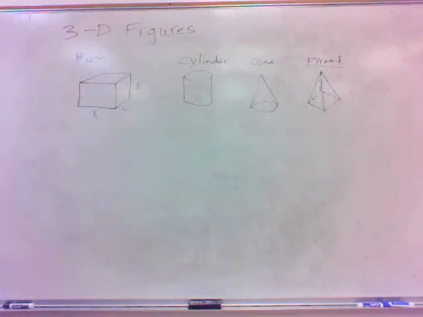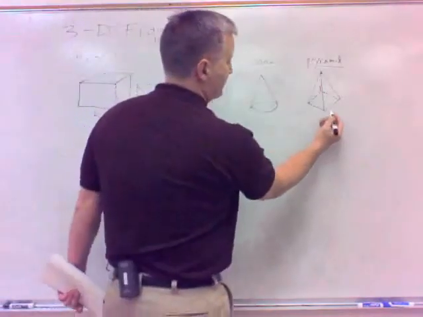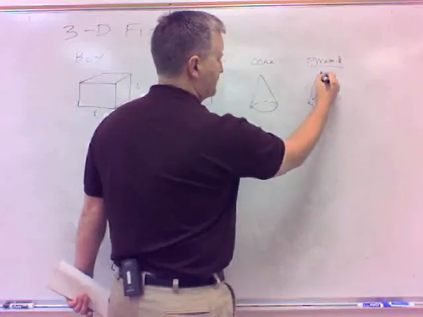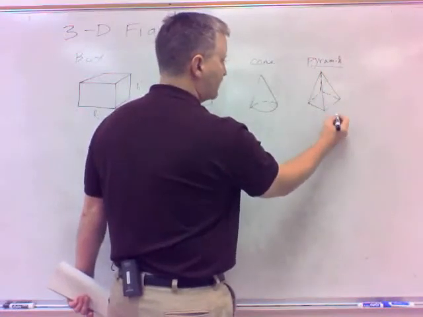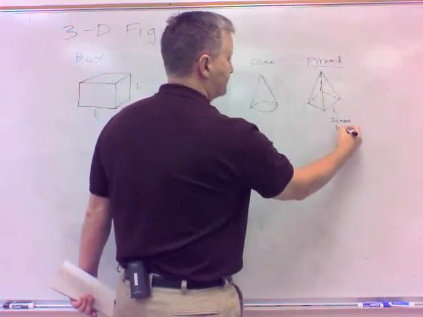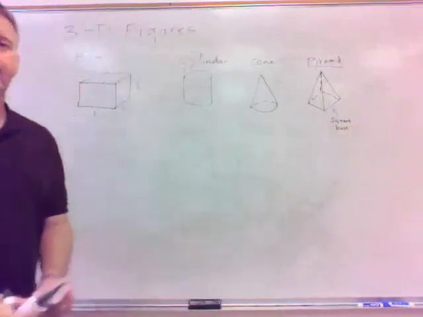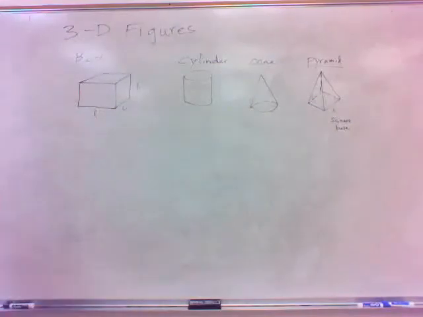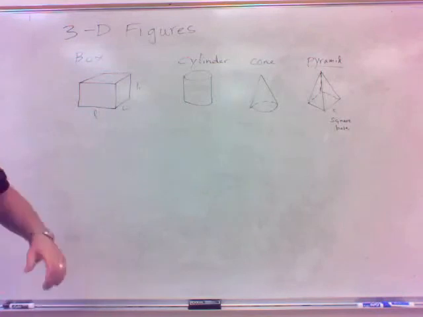Of course, you always have the triangles for the sides, but in the Great Pyramids, in that example, we've got a square base, but you can also have really any polygon be the base of a pyramid.